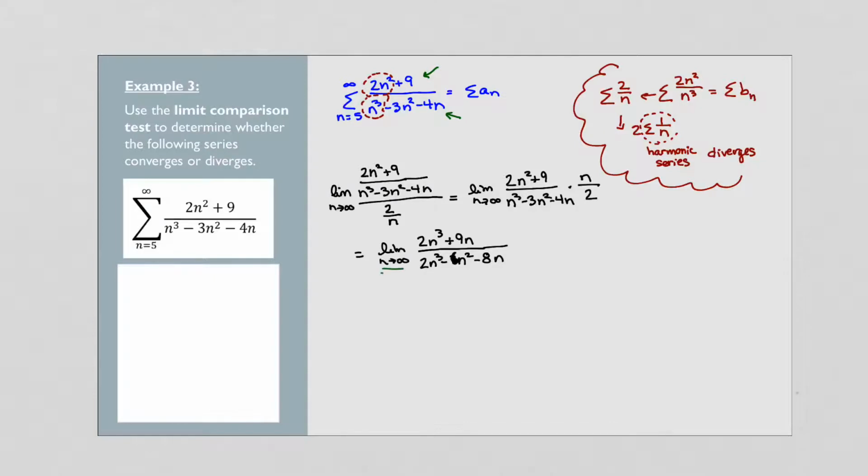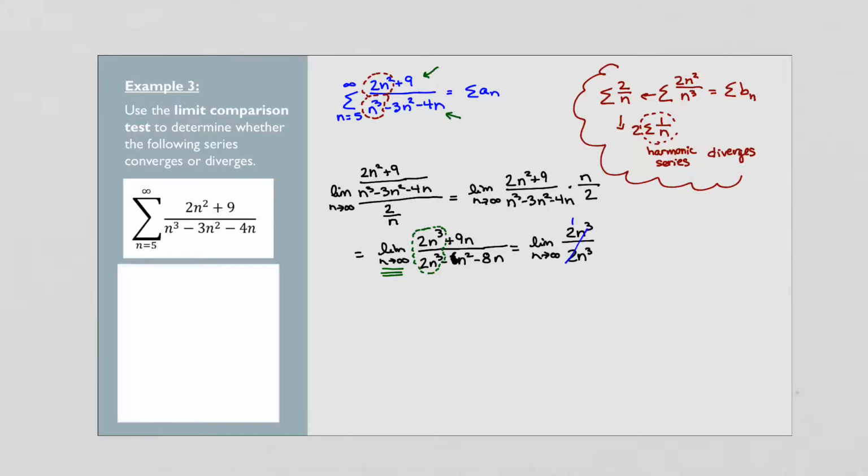When we take our limit as n goes to infinity and we have a polynomial on top of a polynomial, the only terms that have the effect we're looking for are the highest degree terms. That is, this limit is equal to the limit as n goes to infinity of the highest degree on top divided by the highest degree on the bottom.